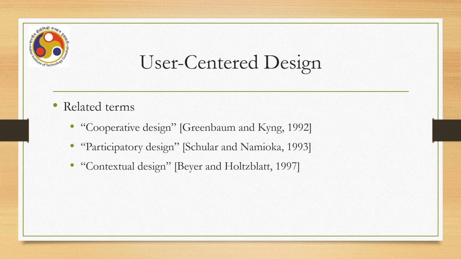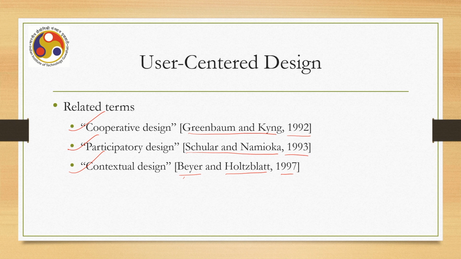There are a few related terms which refer to a more or less similar idea. Cooperative design, coined by Greenbaum and King in 1992, participatory design, Schuler and Namioka 1993, contextual design, Beyer and Holtzblatt 1997.